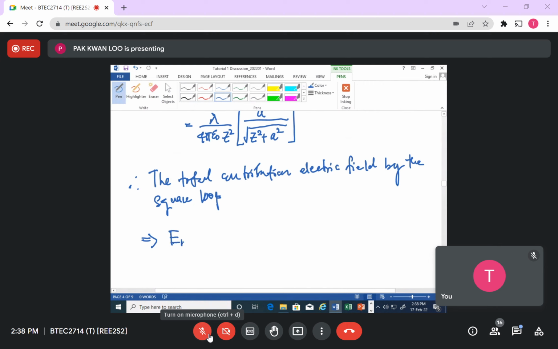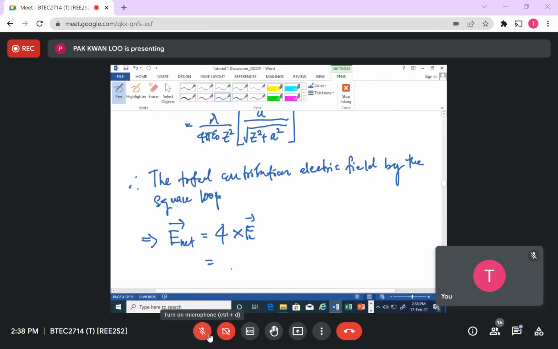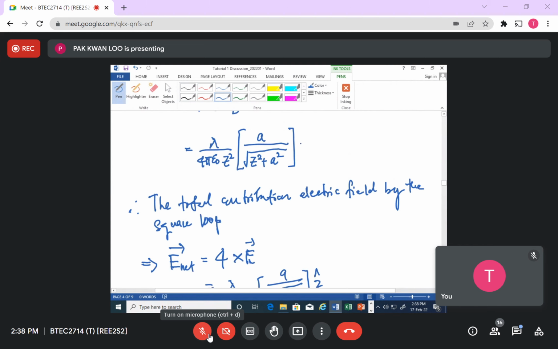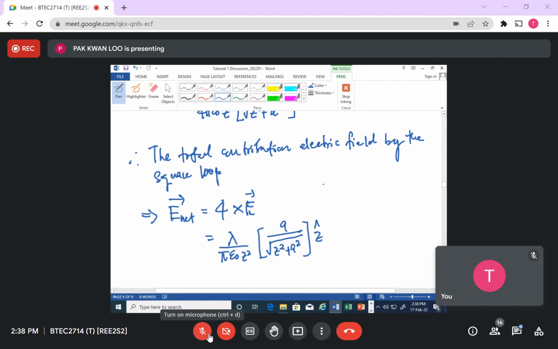So E net is 4 times E. So this is lambda over pi epsilon naught z square plus a square, in the direction of z.